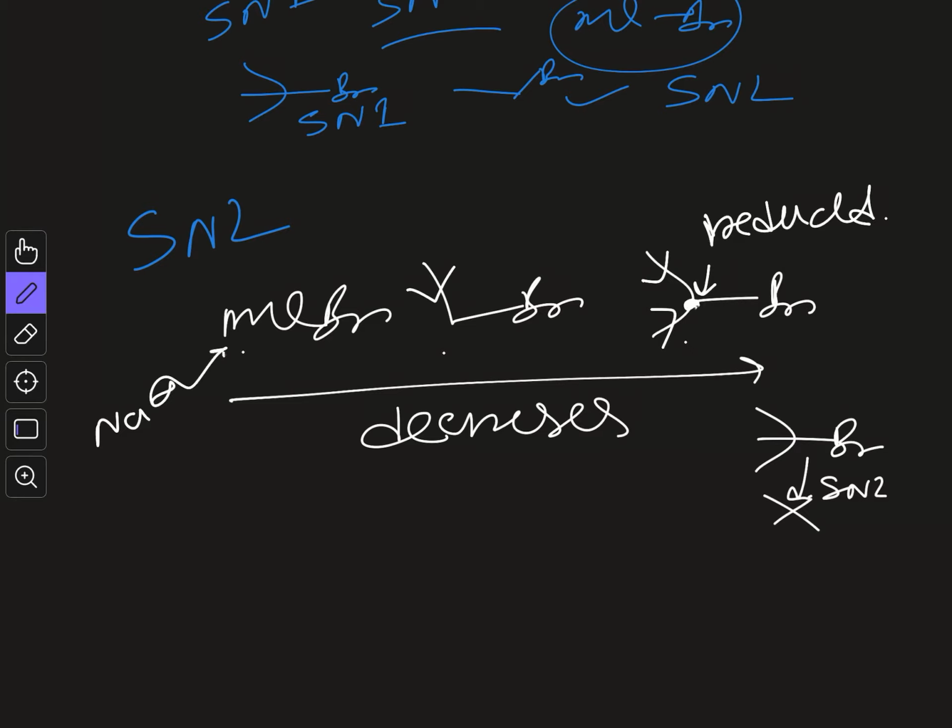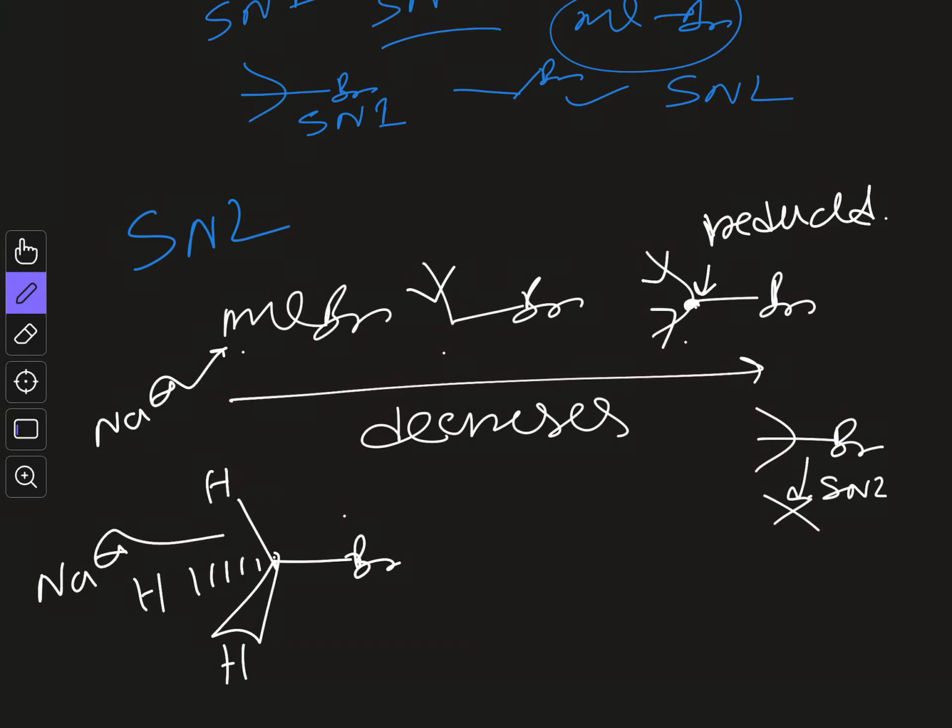What is the steric effect? In the case of methyl bromide, you have only hydrogen atoms, which do not show any steric hindrance, and the nucleophile can easily attack. But as you change one hydrogen to, let's say, a methyl group, you introduce some steric hindrance.